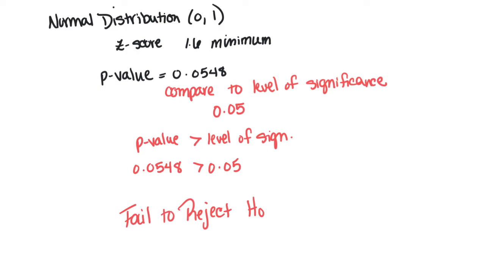But we're also not saying that that is exactly the truest value. We just don't have enough evidence to create an alternate kind of belief or idea. So we say that we failed to reject the null hypothesis.